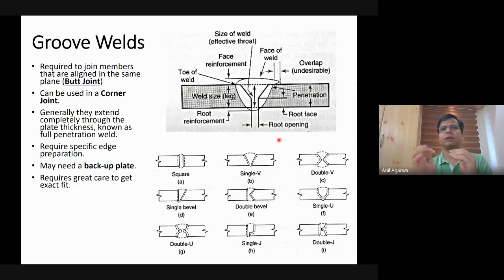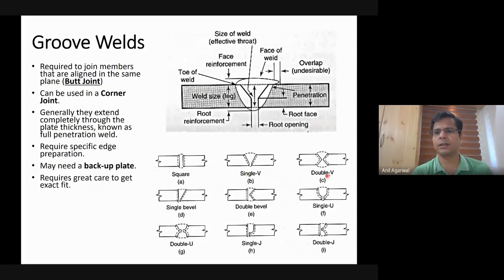Now it's very difficult to get them to the exact location, the exact precise gap that I want. Some plates will be 1 millimeter away, some plates will be 1 millimeter too long, some will fit, some will not fit. And in that kind of a situation, getting the groove weld exactly perfectly fit is very difficult, and that leads to a lot of challenges.